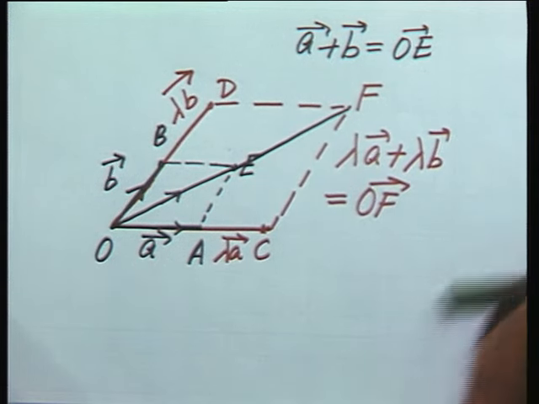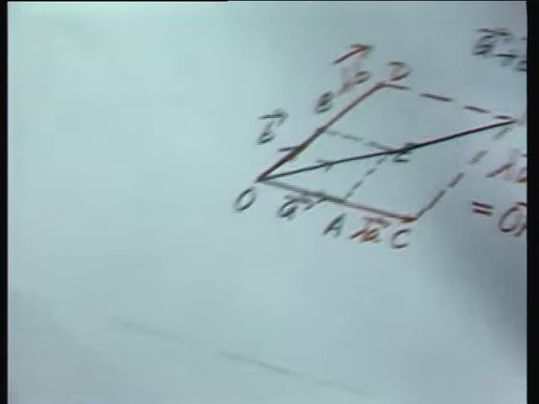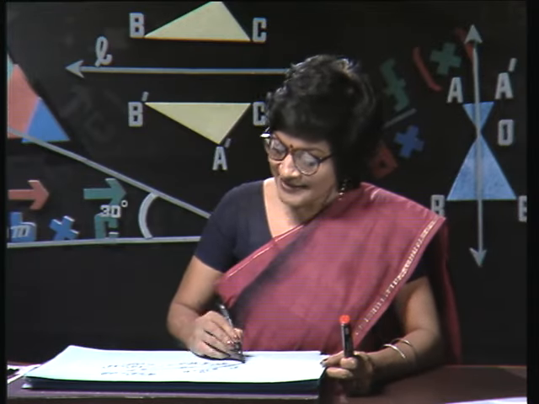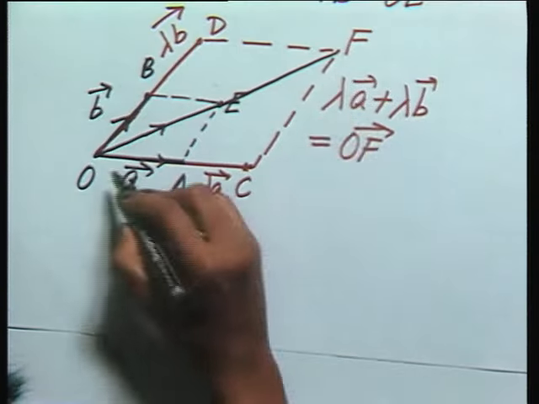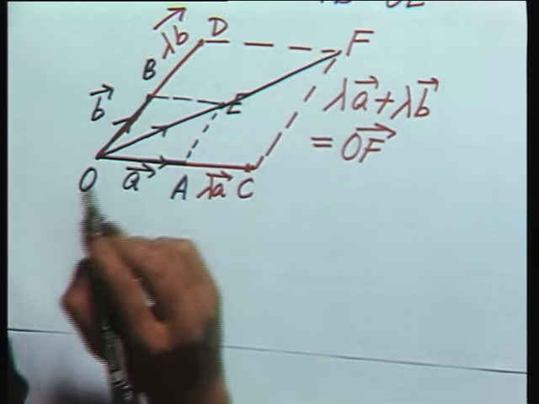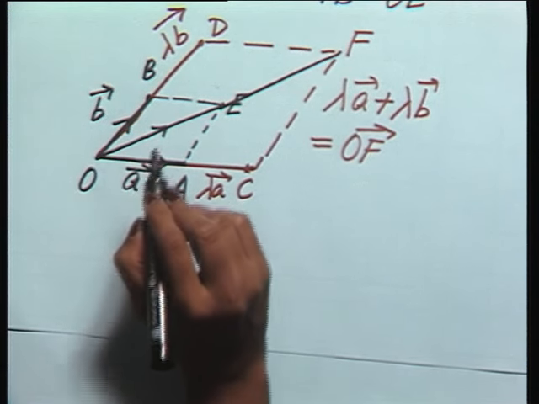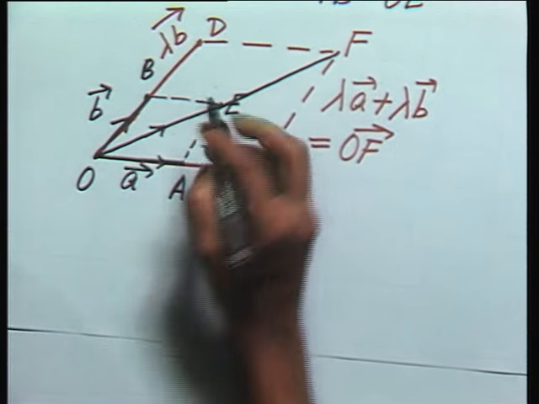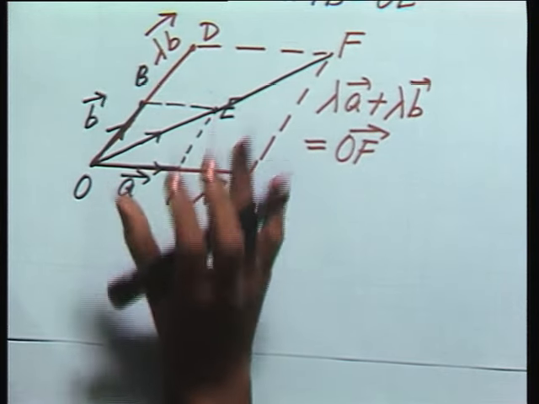Okay. Now, we have to show that the vector OF, that is lambda A plus lambda B, is equal to lambda times (A plus B). In other words, it should be lambda times the vector OE. Now, let us just look at this diagram.